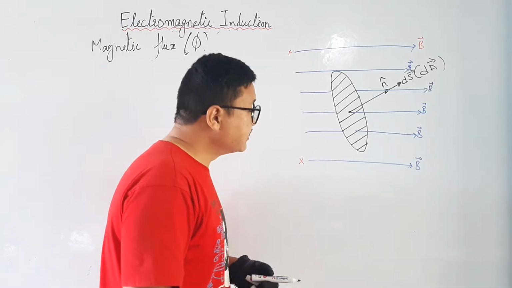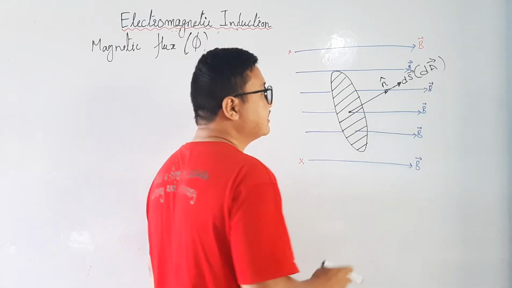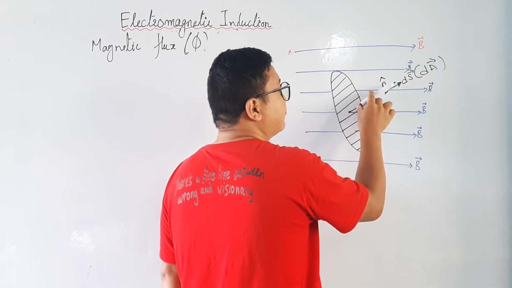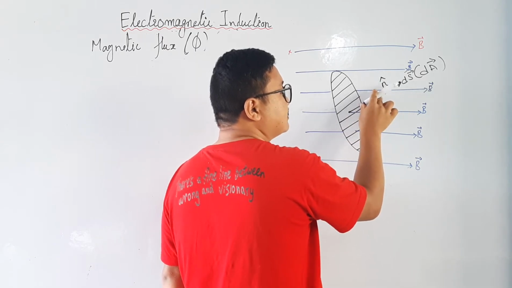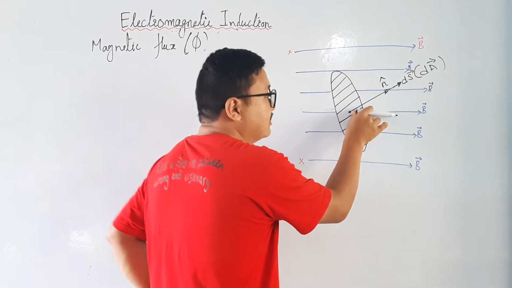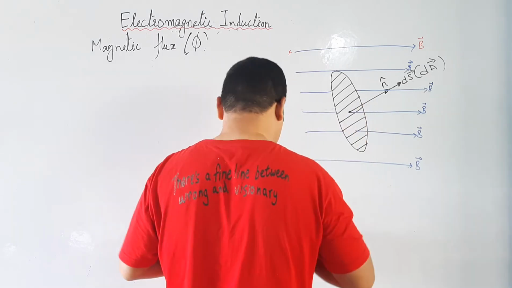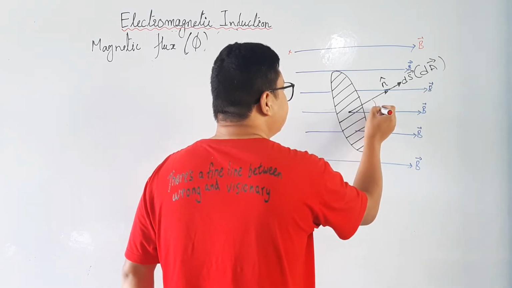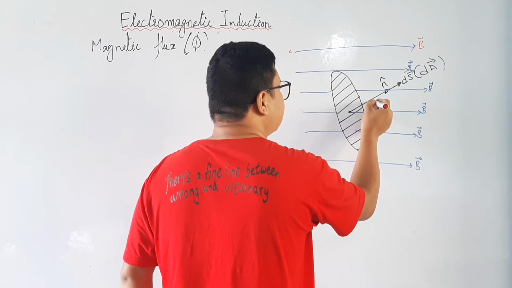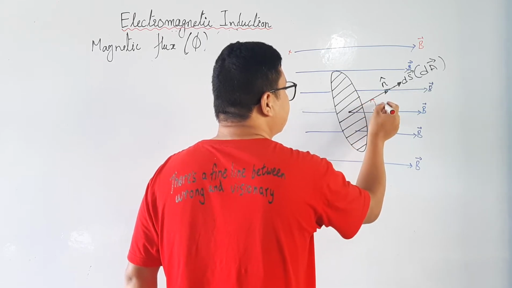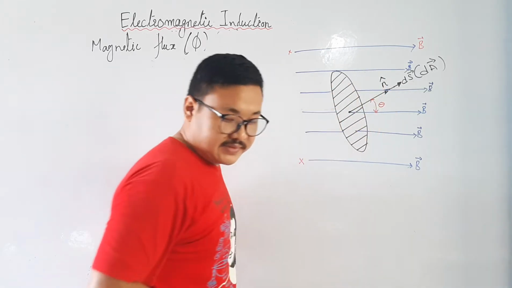Now if we see here, this is my dA vector or ds vector, and this is my magnetic field vector. There is an angle between this vector and this vector, which is my theta.